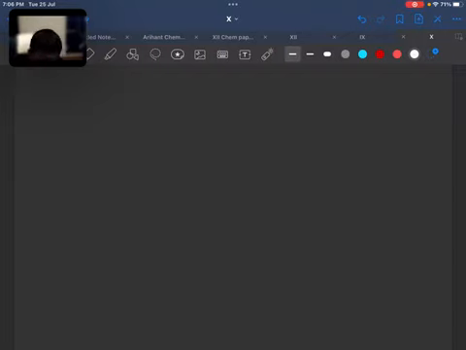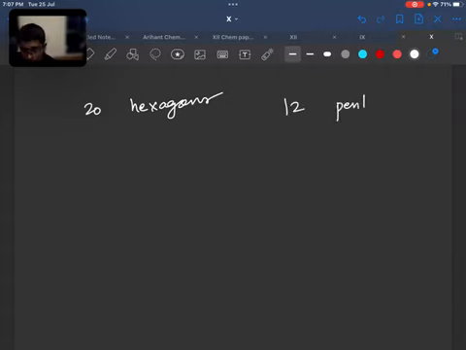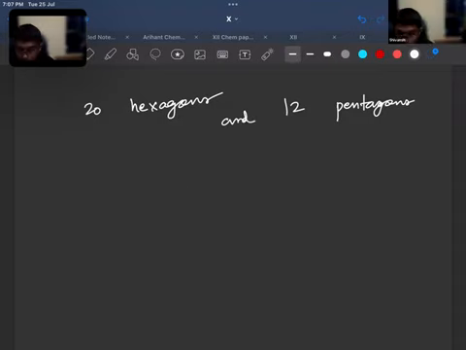It's spherical in shape, and it has 20 hexagons and 12 pentagons. So Buckminster fullerene is an allotrope of carbon.